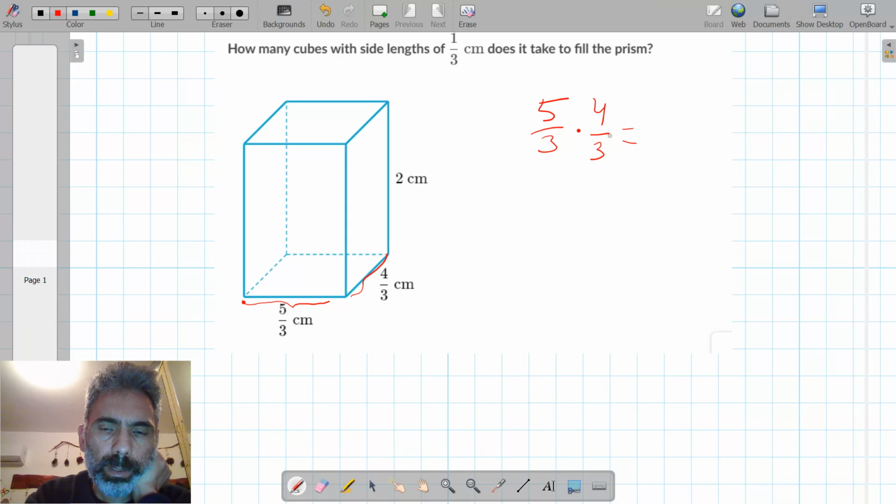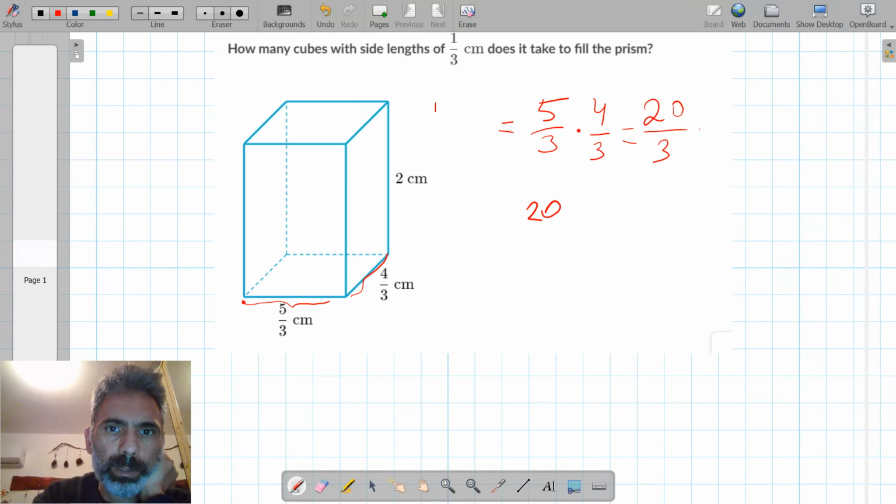So the base has an area of 20 over 9. And the height is 2 centimeters, which means we need to multiply the base times the height.